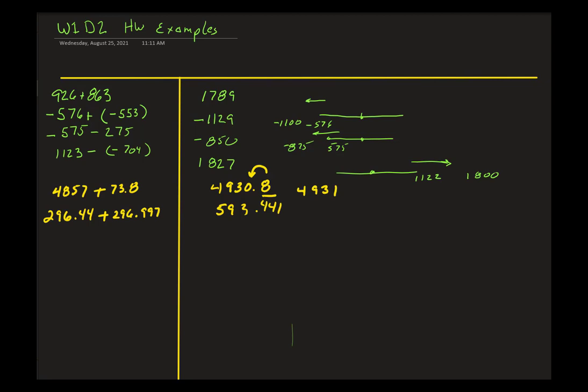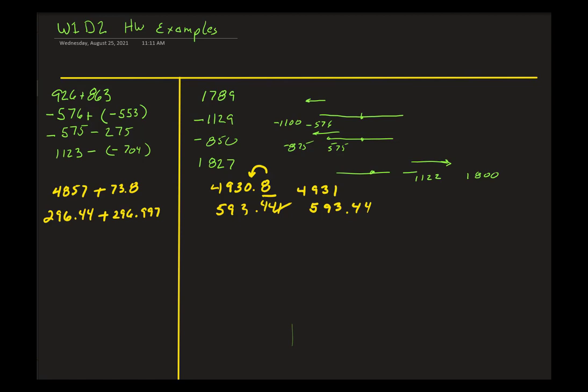We're going to have to go to 2 decimal places. The 1 here is smaller than 5, so I can just get rid of it. And our answer comes up to 593.44. And it's pretty close to the 600 that we guesstimated that it would be.